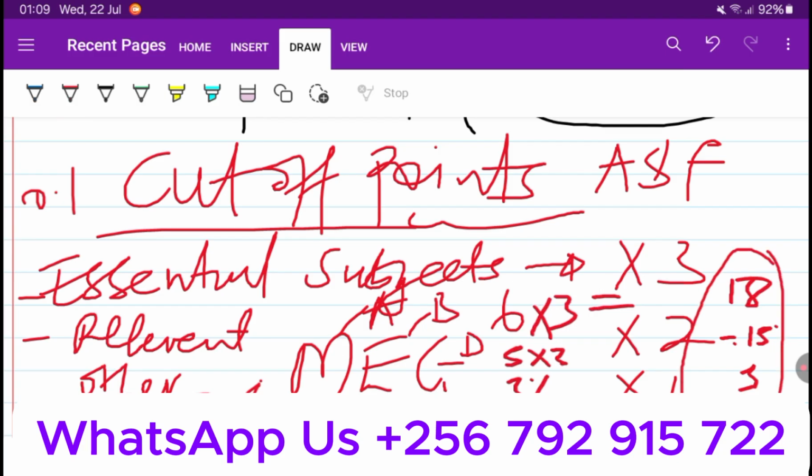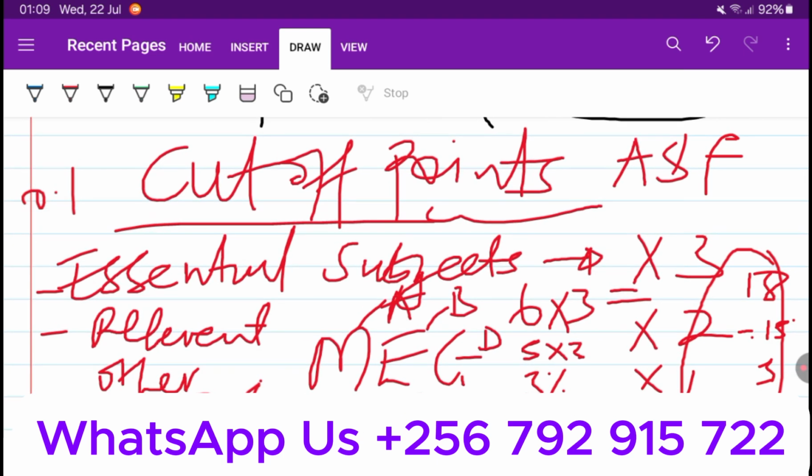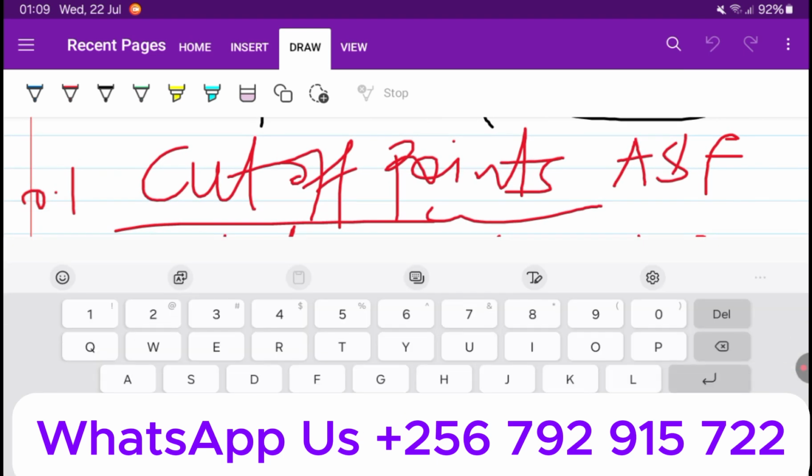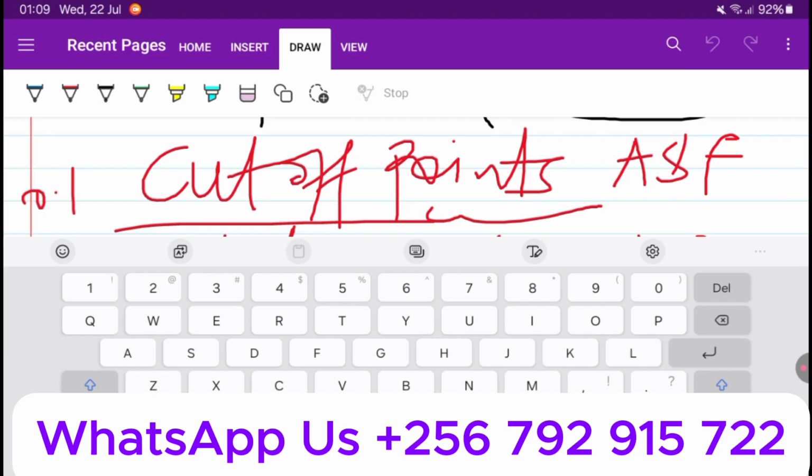But the reason why they are multiplying these is the weighting. Those are the weights, because they can't just add up the scores that you got.